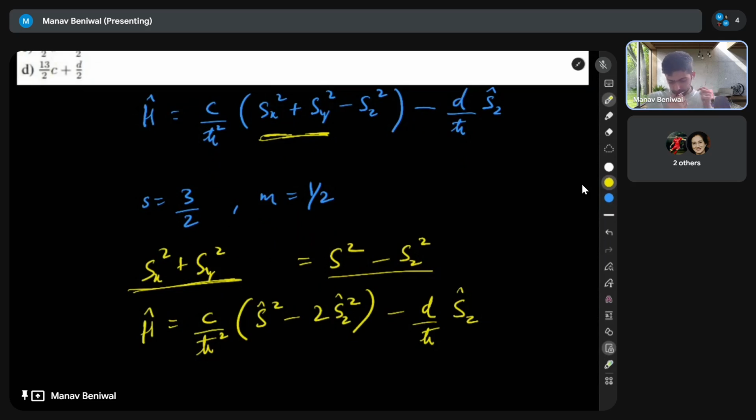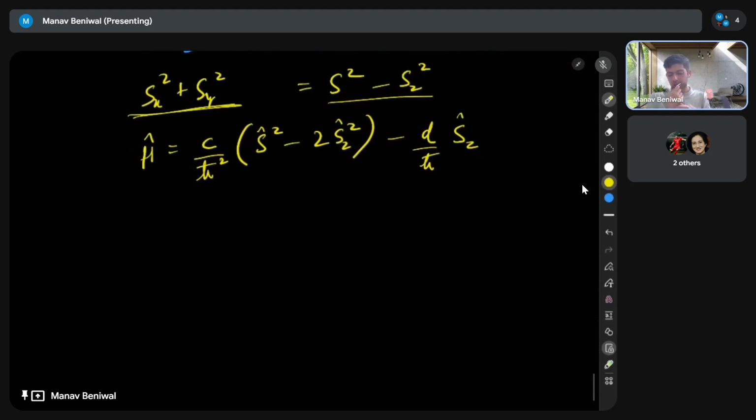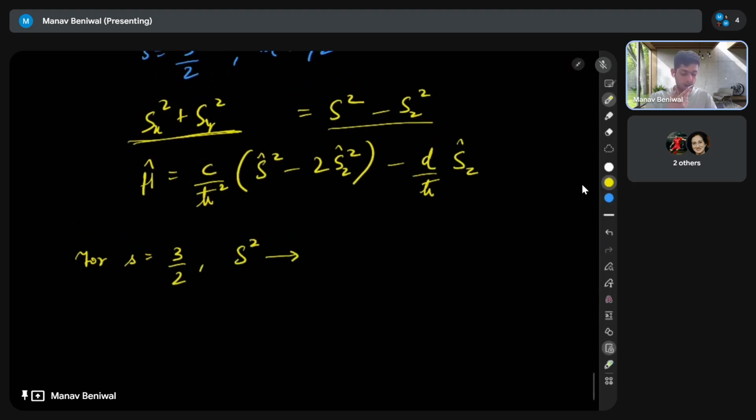Okay, so what will be the eigenvalue of this S squared? For S equals 3 by 2, S squared will give us how much?